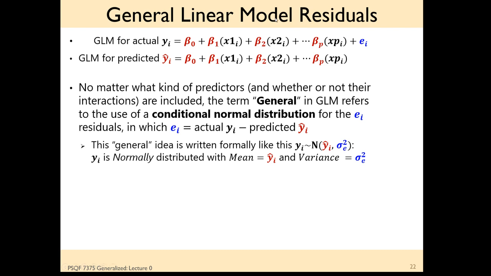You will see this idea written like this, where Y sub I, the outcome, is normally distributed, and then it refers to the parameters of the normal distribution. Mean is always first, but it's the conditional mean given by the linear model equation.